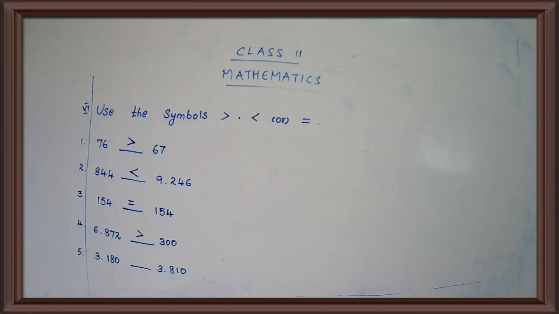How many hundreds are here? 100. See the first number, the left side number. How do you read this number? 3180. Then see the next one.